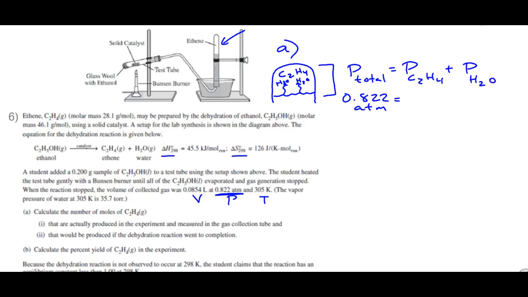So what we want is the pressure of C2H4, and then they gave us the pressure of water. Now they did a little trick with us: they have it in torr, and we have a pressure in atm. So we need to do a little conversion here. If I have 35.7 torr, what is that in atm? For every 1 atm, I have 760 torr.